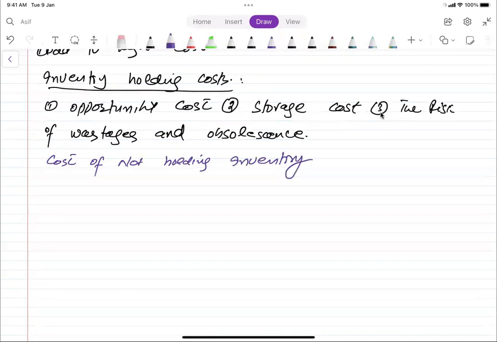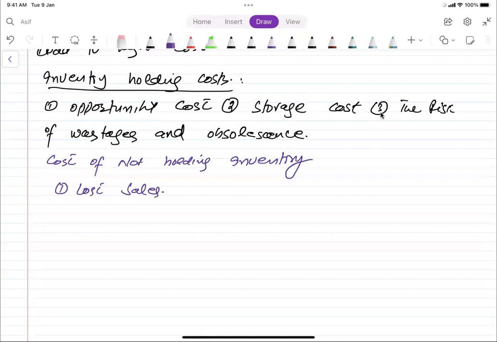What is this cost of not holding inventory? First of all, lost sales. If the customer comes and the business does not have enough inventory, for example, you go to a medical store and you ask for a Panadol tablet and they say, we do not have Panadol.